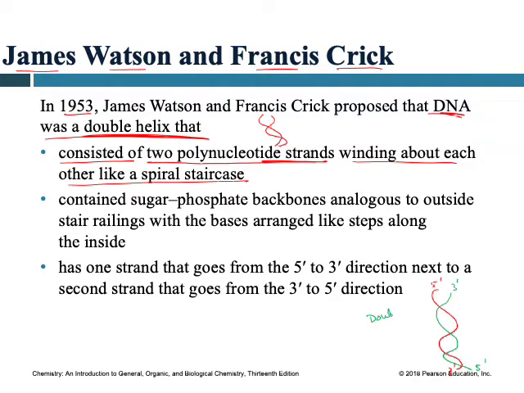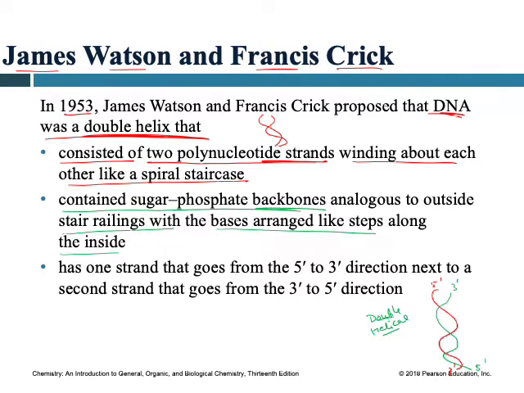If you can see, you have two helical structures, one from each polynucleotide, and they wind together, right, within itself. And it contains sugar phosphate backbones along the outside, like stair rails, with the bases arranged like steps inside. So what does it mean?